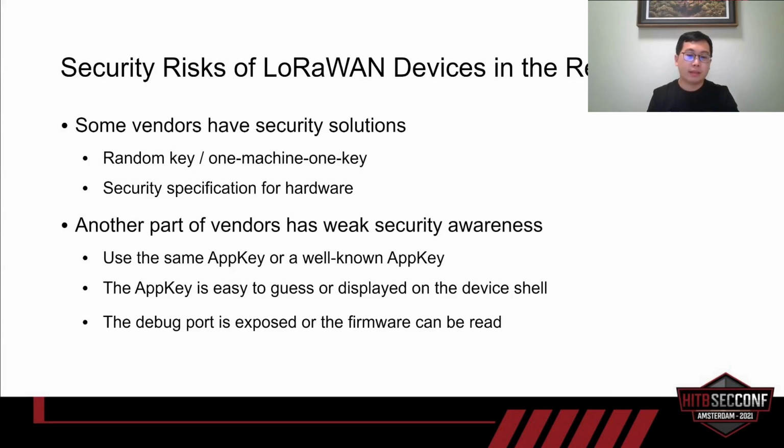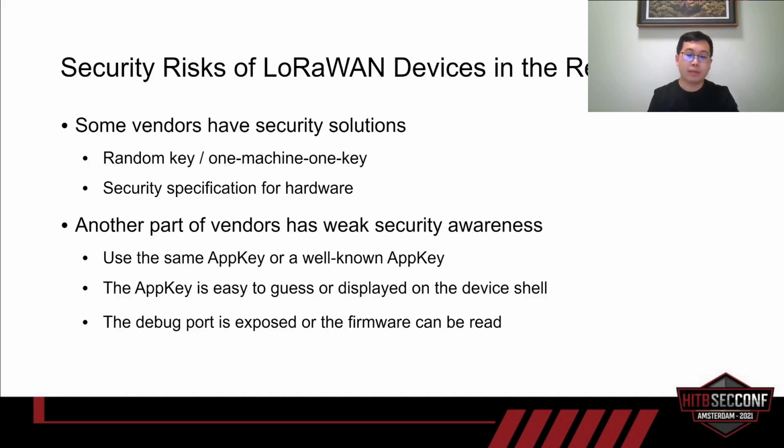Let's take a look at the security state of LoRaWAN devices in the real world. After our analysis, vendors are generally divided into two types. One type of vendor is already aware of the security risk associated with node deployment. Every key is usually a random key, or one key per machine, which greatly guarantees the security of the network. In addition, they also provide guidance on hardware security.